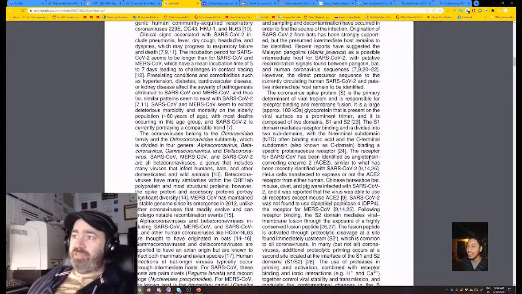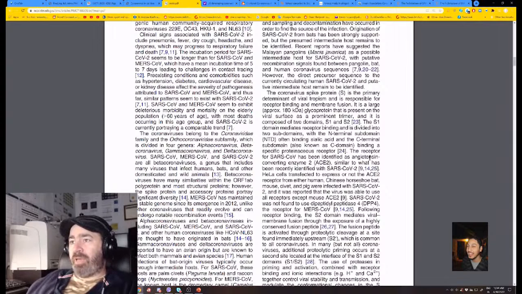The S1 domain mediates receptor binding and is divided into two subdomains, with the N-terminal subdomain often binding sialic acid, and the C subdomain, also known as the C domain, binding a specific proteinaceous receptor, and I think that would fall into the neuropilin receptor.